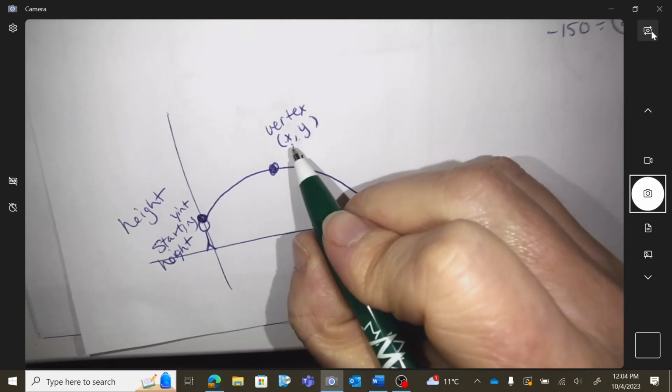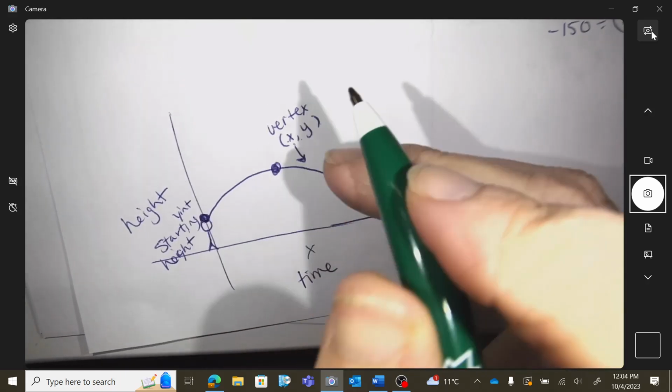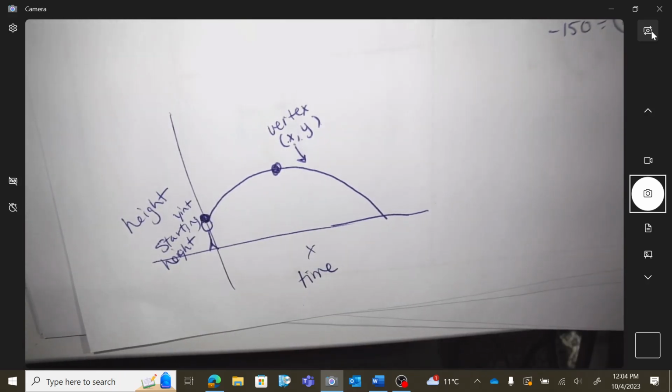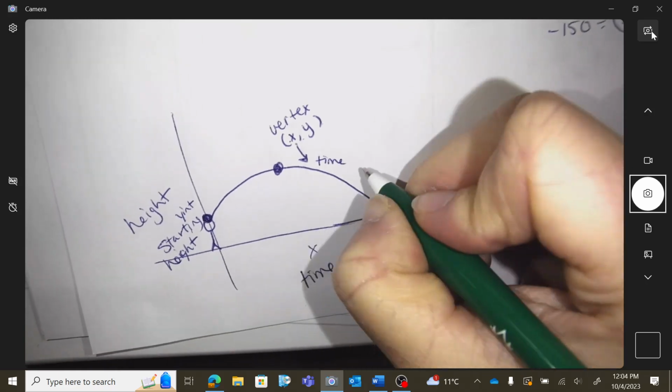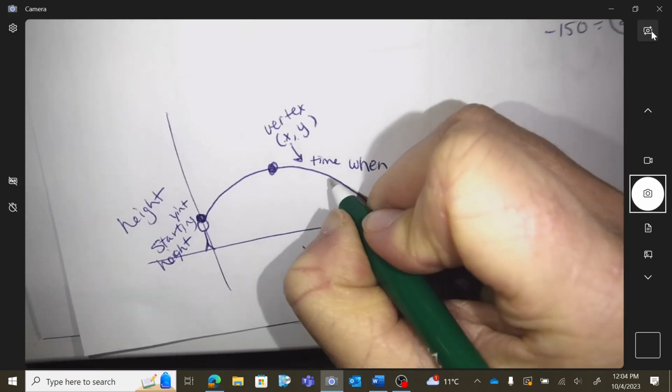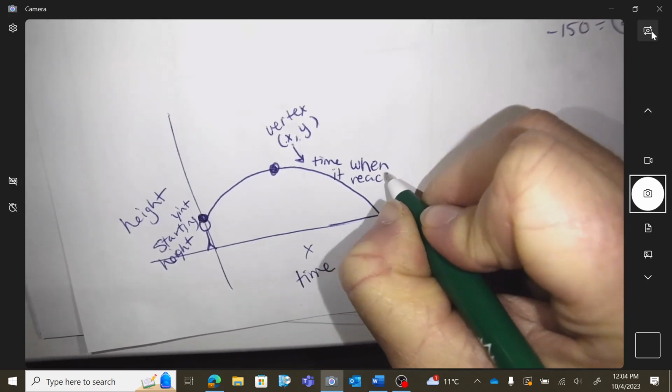Just the x. This is the highest point. The vertex is the highest point, but specifically, what does this number tell me? The time of when it reached highest. Yep.